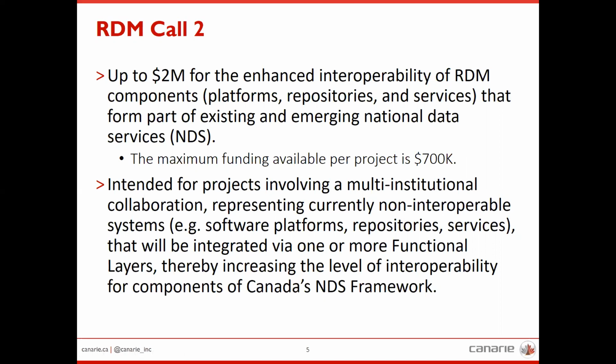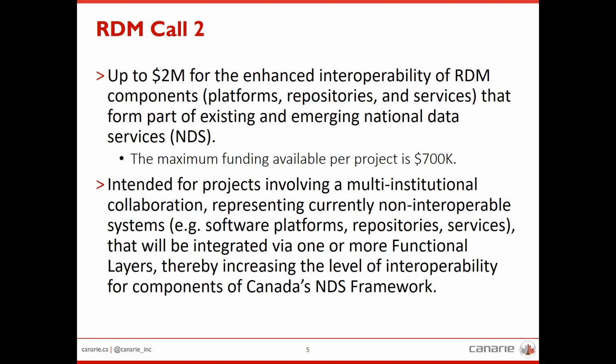So a few keywords here, multi-institutional collaboration. So the intention is to encourage proposals that take currently disparate or separate platforms and research infrastructure and make them more interoperable in one or more functional layers. Next slide.